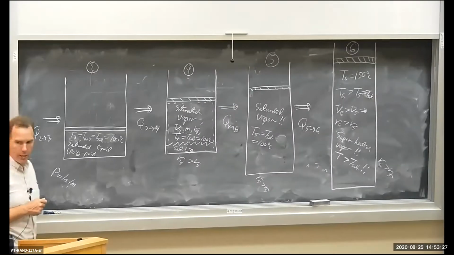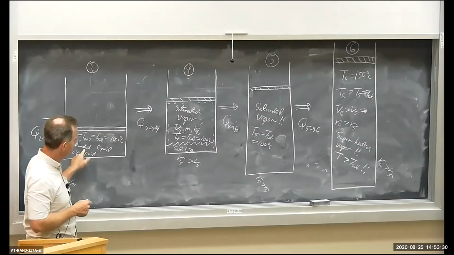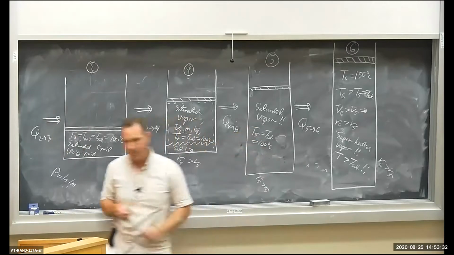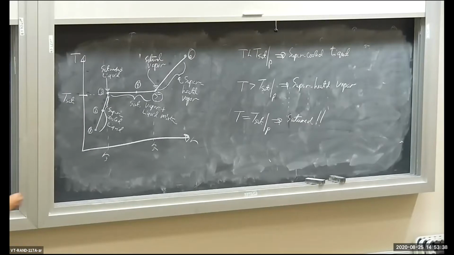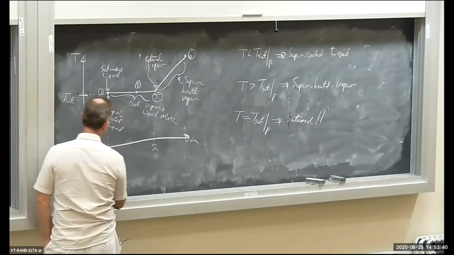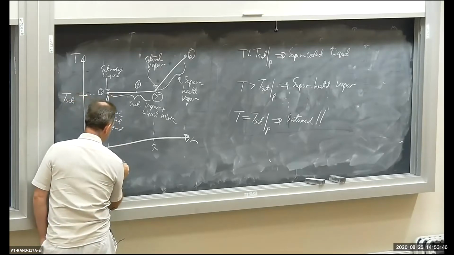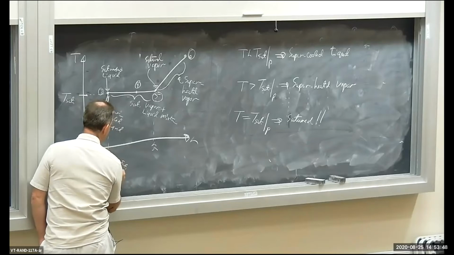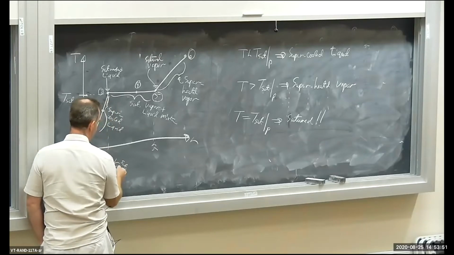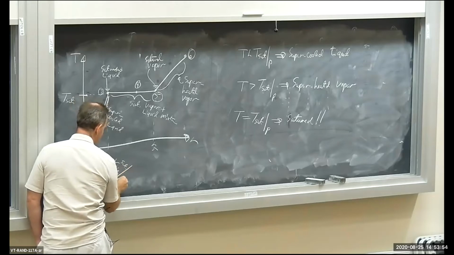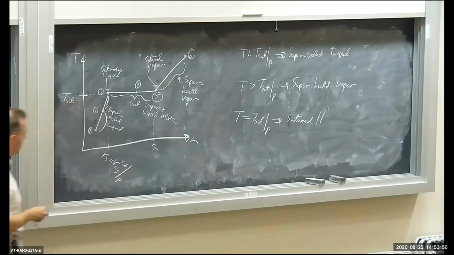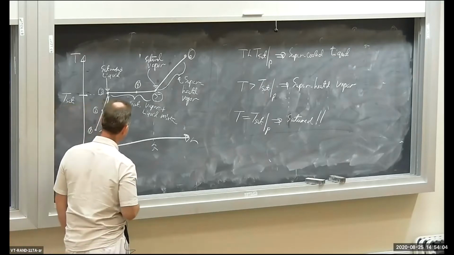So at state 3, we have a saturated liquid, and at state 5, we have a saturated vapor. So we can call these specific volumes V3. V3 is equal to the specific volume of the saturated liquid, sat liq, at some pressure.